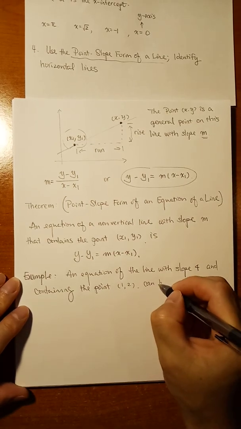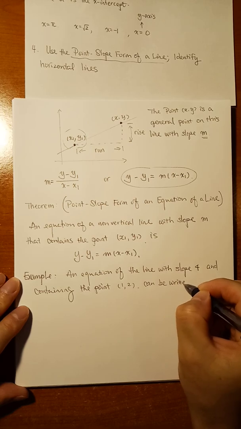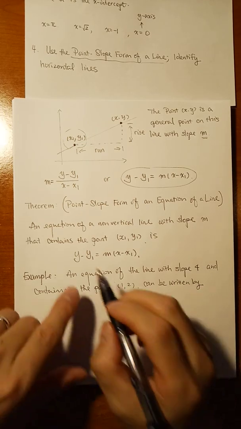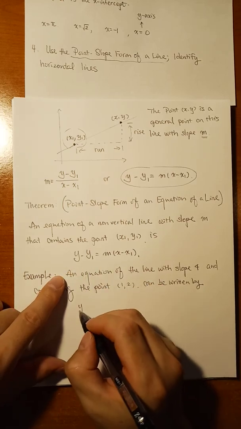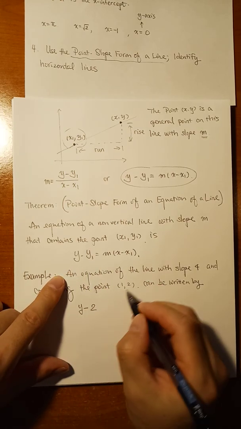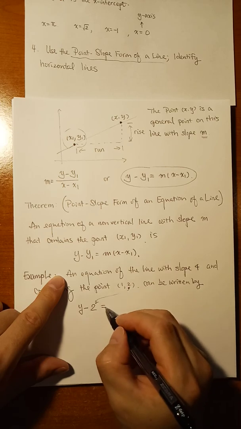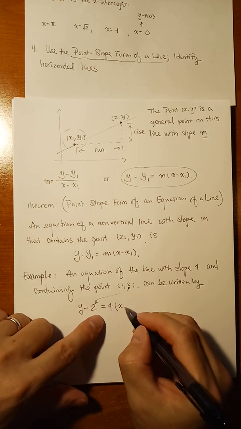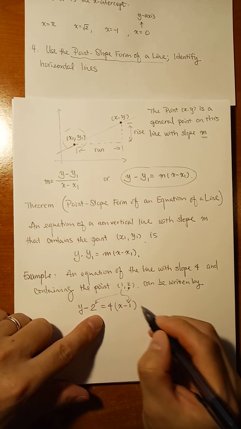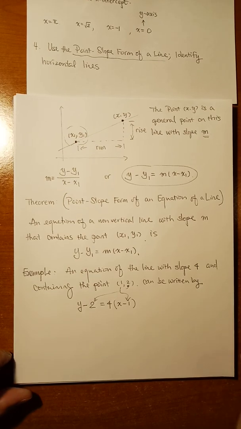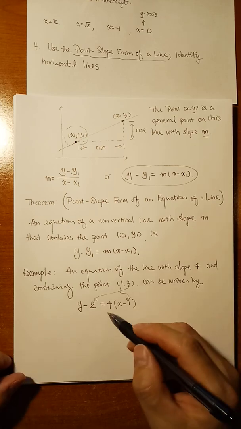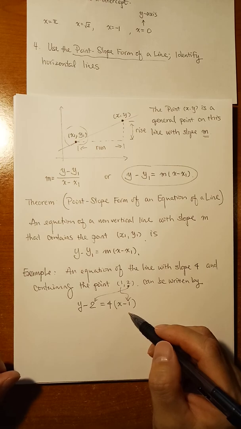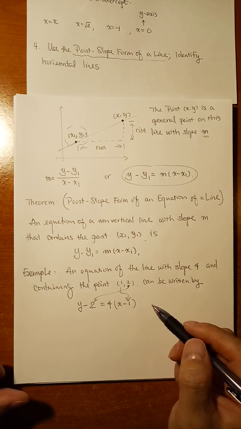It can be written by what? You see, y minus y coordinate. So y minus y, this 2 represents y, is equal to slope, parenthesis, x minus x. Okay, y minus y, x minus x. Y minus y coordinate is equal to slope times parenthesis x minus x coordinate.